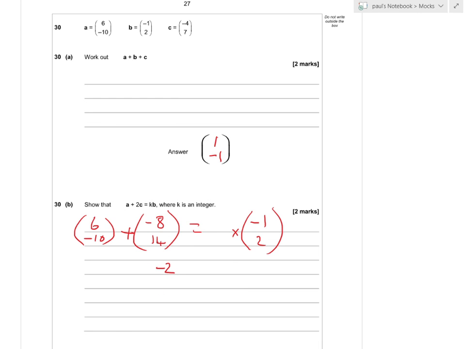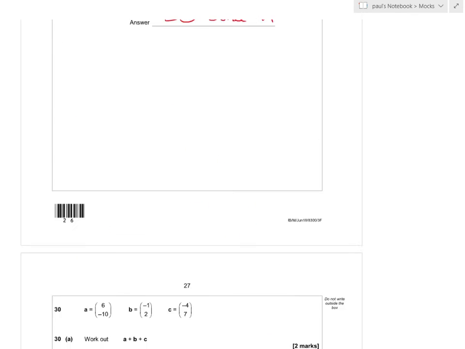Minus 10 and 14 is 4. Right, so that equals something times that. 2. Yeah, 2. So that's just 2. So K equals 2.